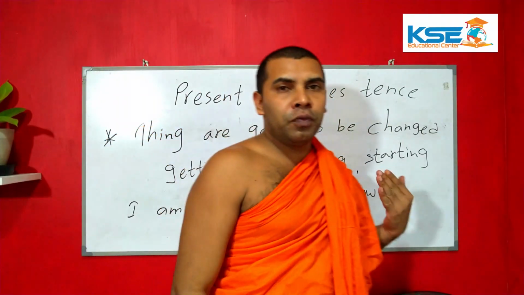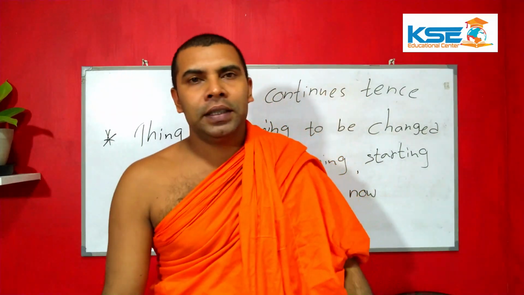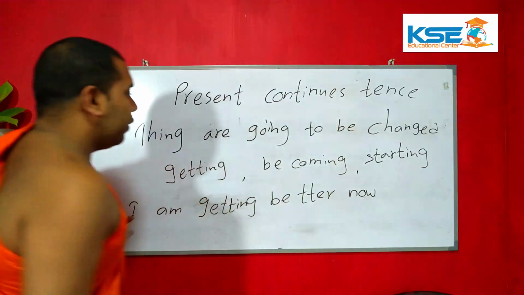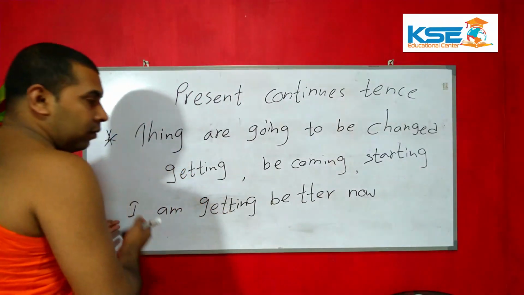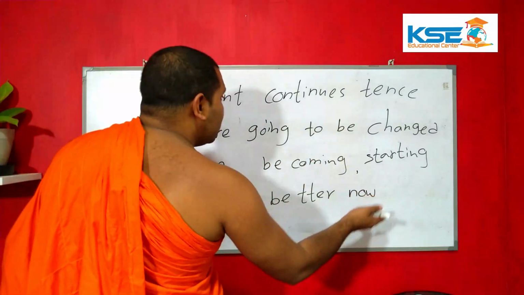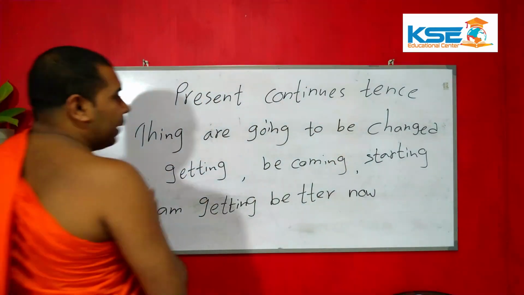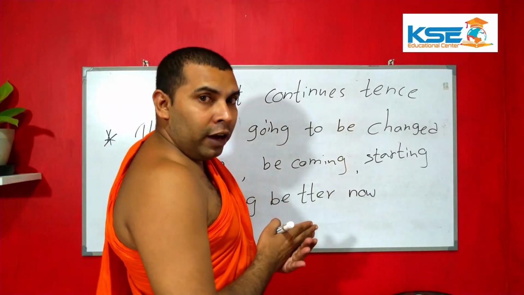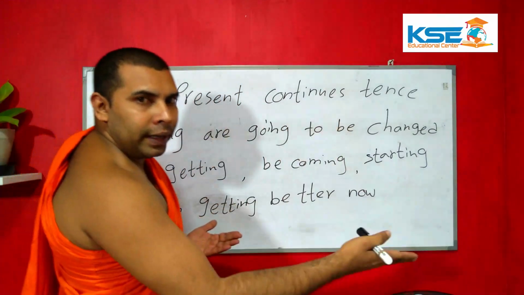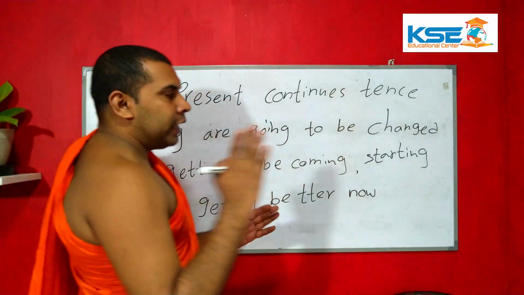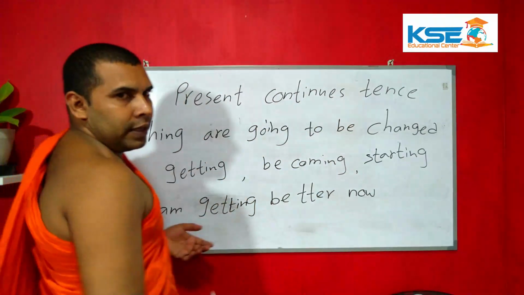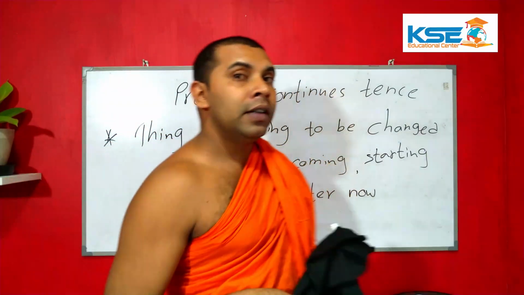So in the past I was not good, but now it is changing. To talk about those kinds of things, we use these verbs with the continuous tense. I'm getting better now because he was not good enough, now he is getting better. If something is going to change, we use these verbs with the continuous tense to talk about that. That's the next rule.